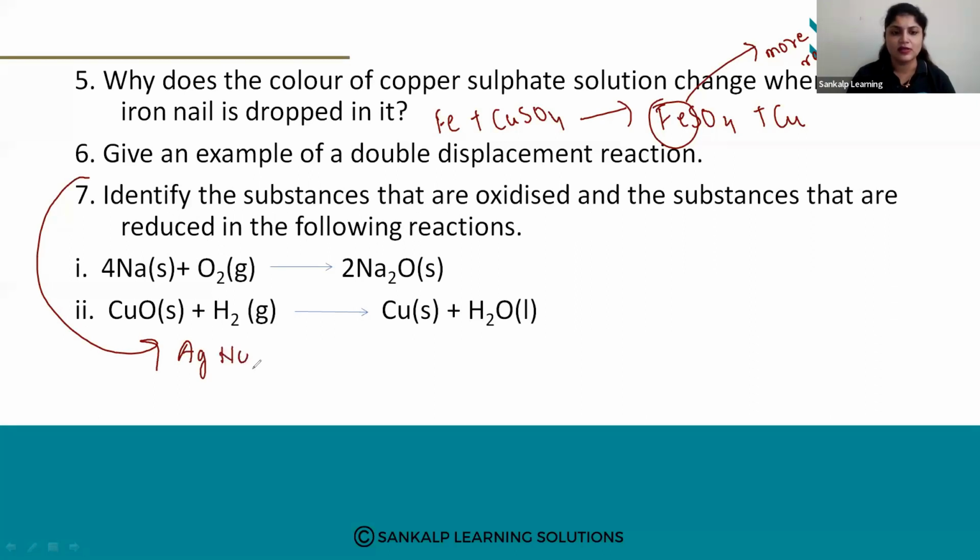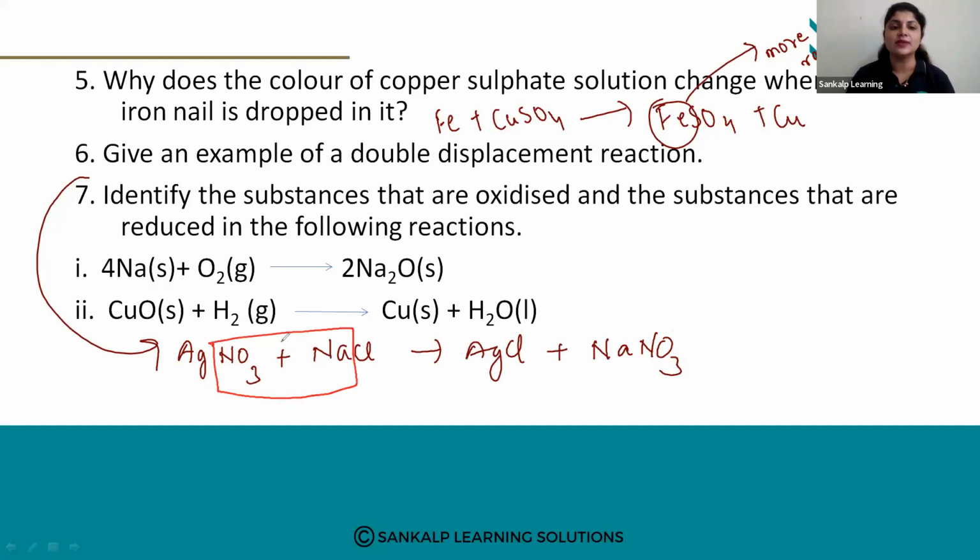AgNO3 plus NaCl, giving you AgCl plus NaNO3. Okay, so this is the displacement reaction. You can see here AgNO3 is there. So what is getting displaced? Your NO3 is getting displaced with Cl, right? So this is a double displacement reaction.